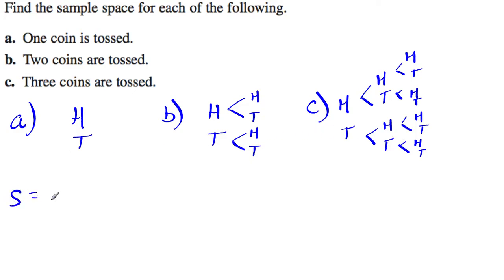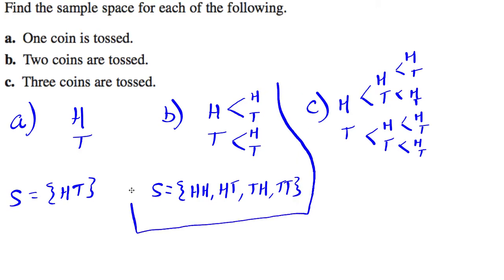So for A, the sample space is equal to heads, tails. For B, the sample space is equal to heads heads, heads tails, tails heads, and tails tails.